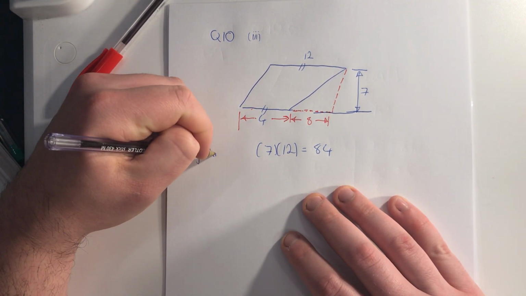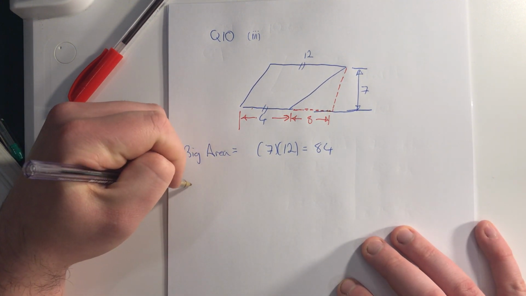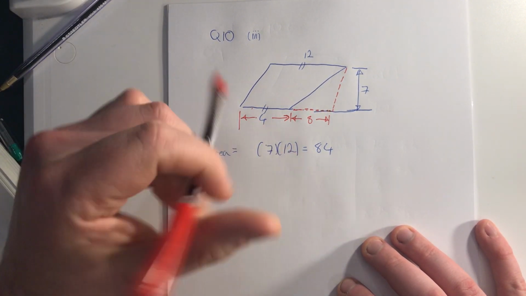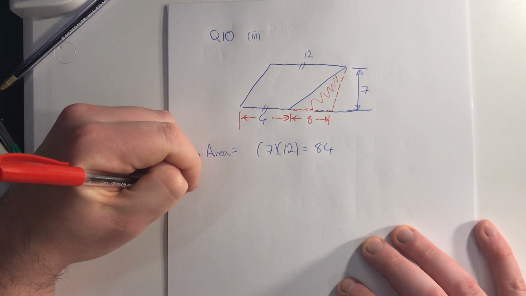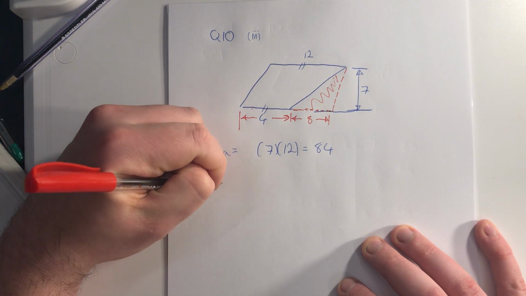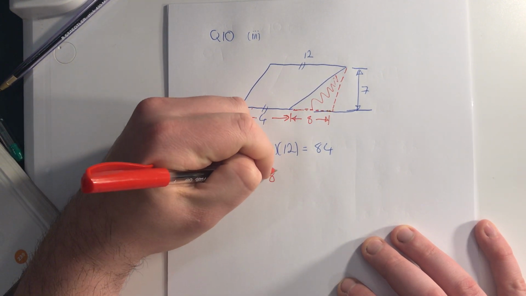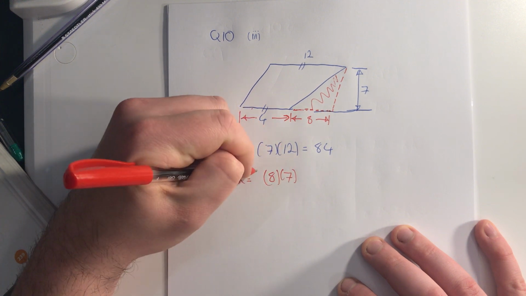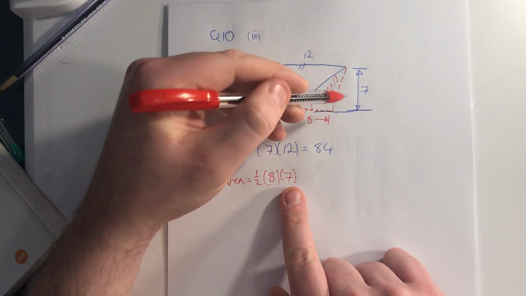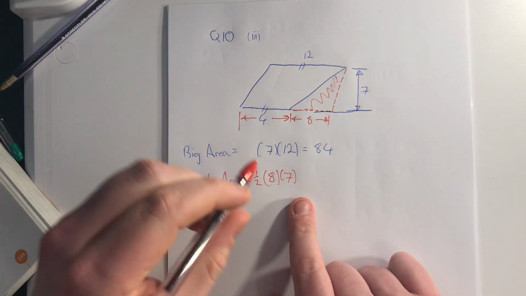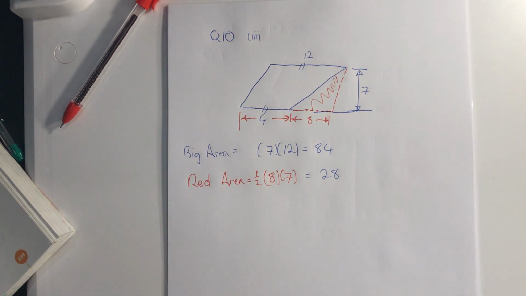Now, let's shade this in so we can talk about it. So now the red area is equal to 8 by 7 by a half. So that's a half the base by the perpendicular height, which is 7. So that immediately gives us 28.